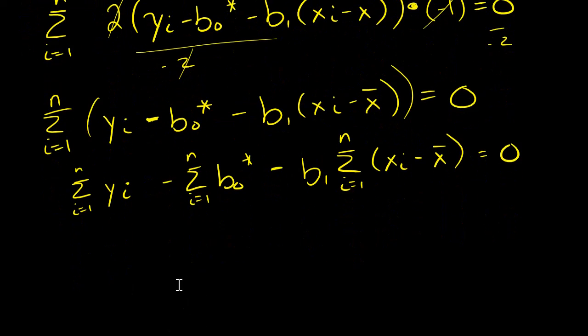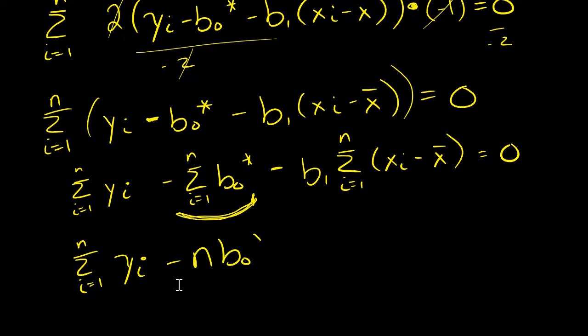So we have the sum from i equals 1 to n of y_i. Then for this term, there's no i here, so if you sum the same number n times, you just get n times it.